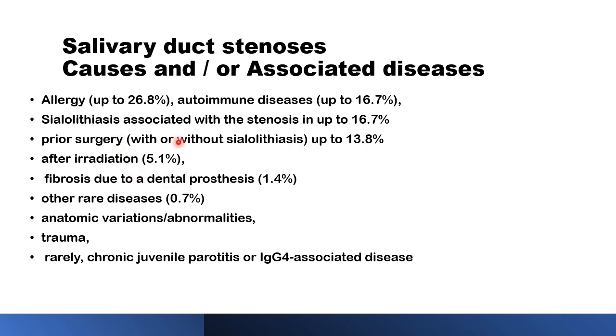Prior irradiation to salivary glands or field of irradiation including salivary glands in about 5% of the cases, and fibrosis due to a dental prosthesis in somewhere around 1.5%, and other rare conditions including anatomical variations in the duct system or injury like trauma, or rarely other systemic or local diseases including the recurrent parotitis in the adult and the pediatric forms, and IgG4 associated disease.